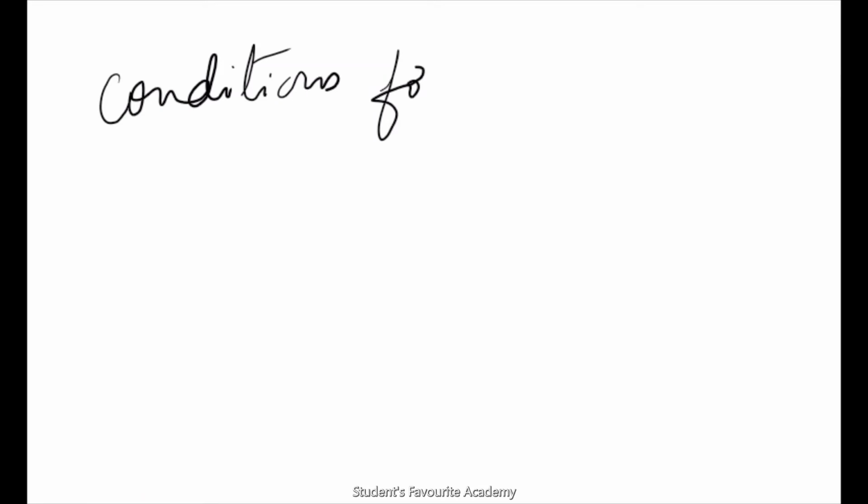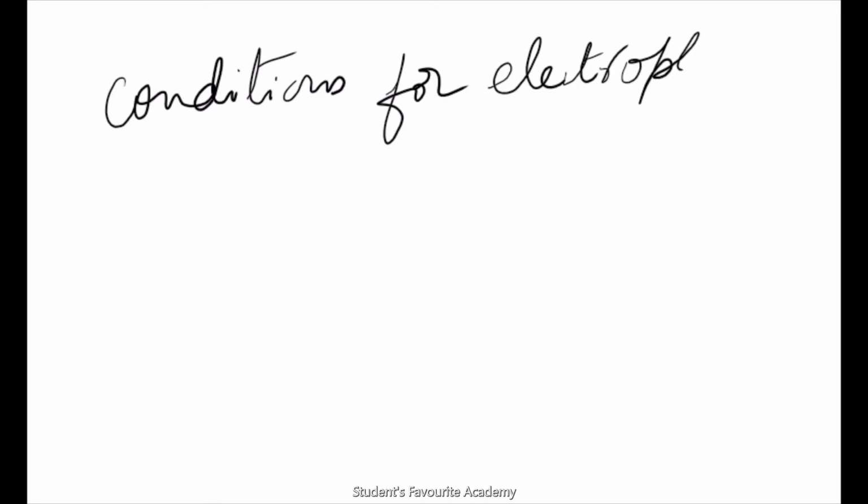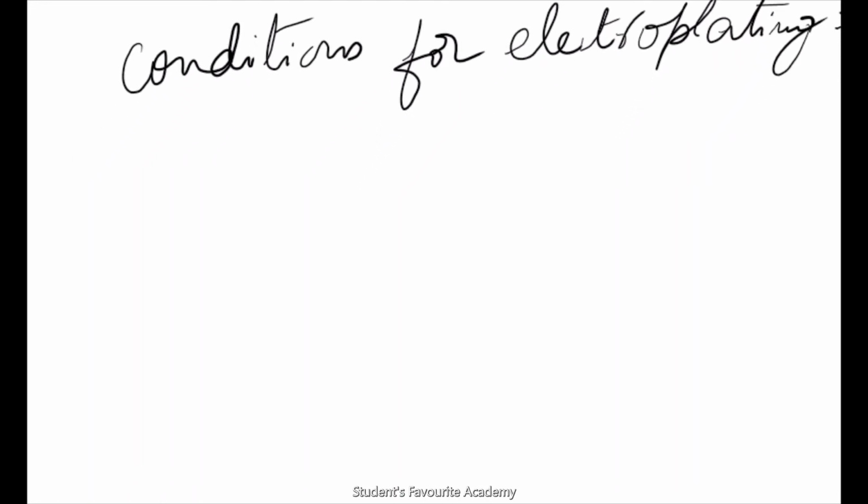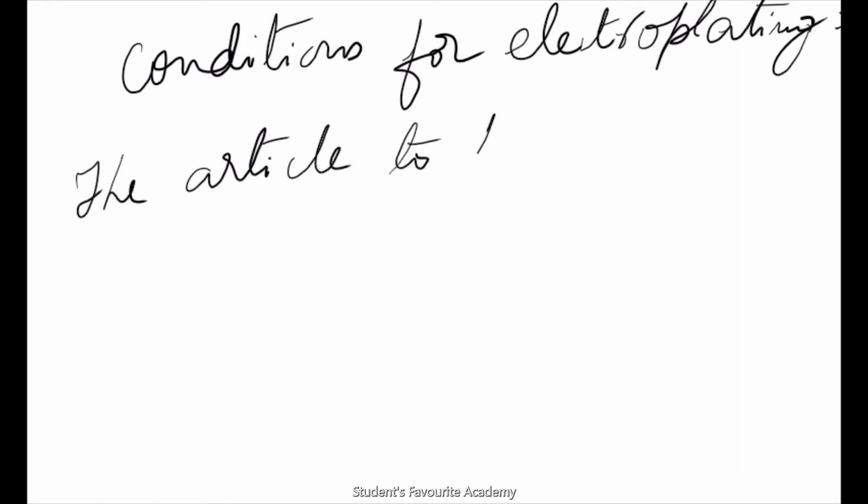Conditions for electroplating. The article to be electroplated is always placed at the cathode.